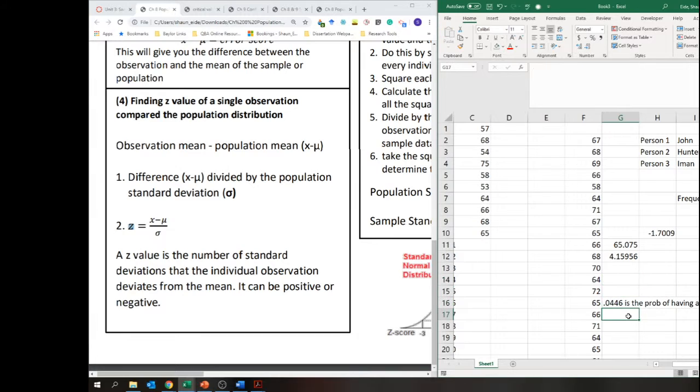Now, what's different is when we take a group of, say, 10. So 1, 2, 3, 4, 5, 6, 7, 8, 9, 10. If I take a sample of 10, and I want to know how this group of 10 compares to the whole, we're going to use a slightly different formula.